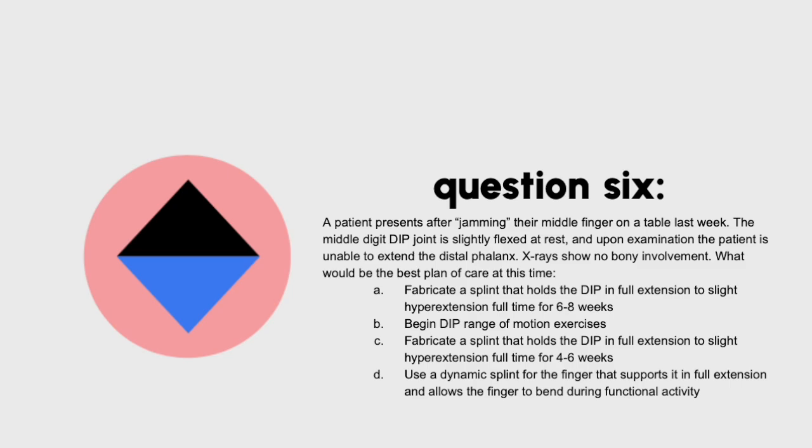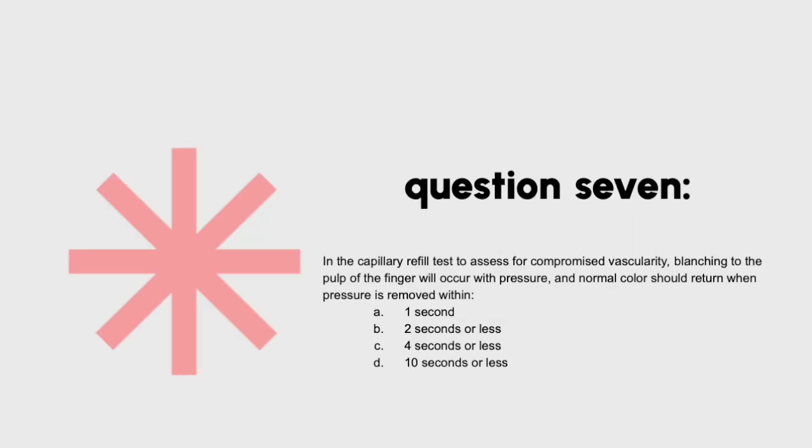B. Begin DIP range of motion exercises. C. Fabricate a splint that holds the DIP in full extension to slight hyperextension full time for 4 to 6 weeks. D. Use a dynamic splint for the finger that supports it in full extension and allows the finger to bend during functional activity.